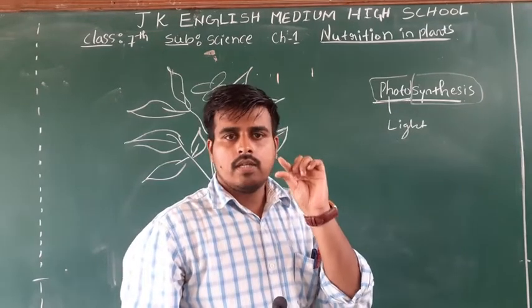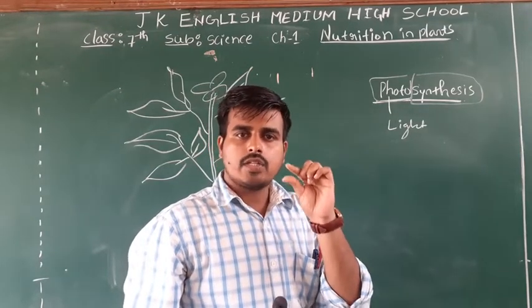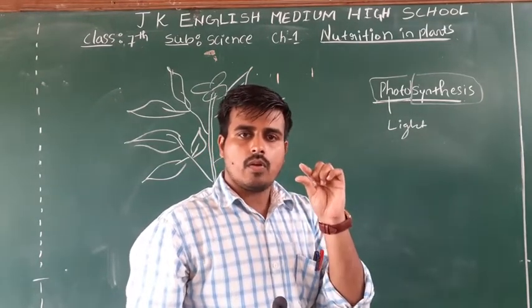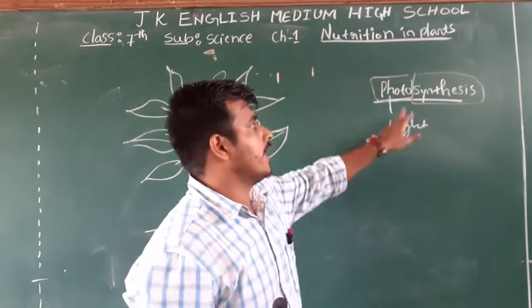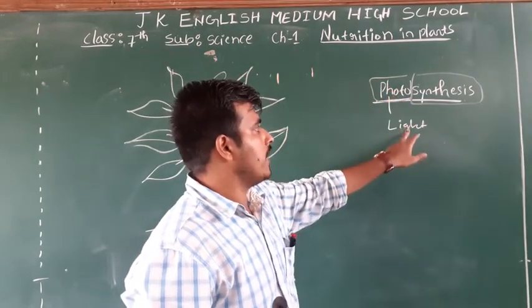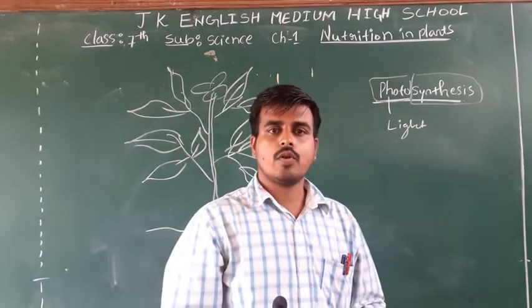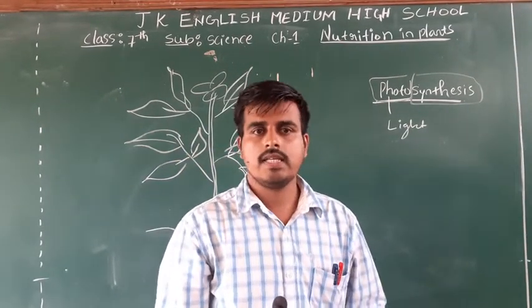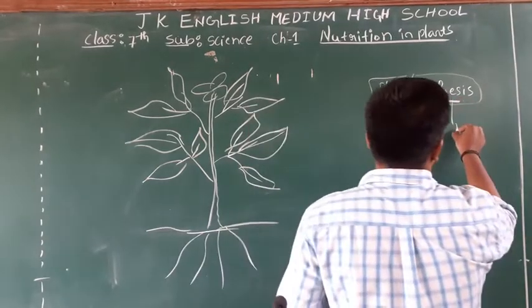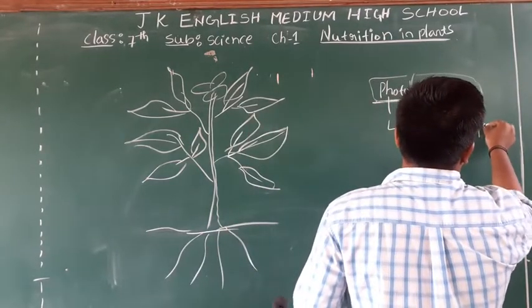These small packets of energy come in the form of a ray, that is sunlight. So in short we can say photo means light. Synthesis means the preparation. Manufacturing something is known as synthesis. So you can say preparation also.